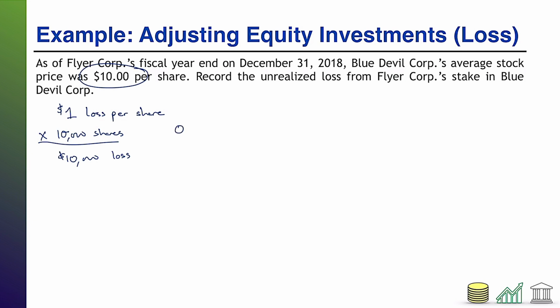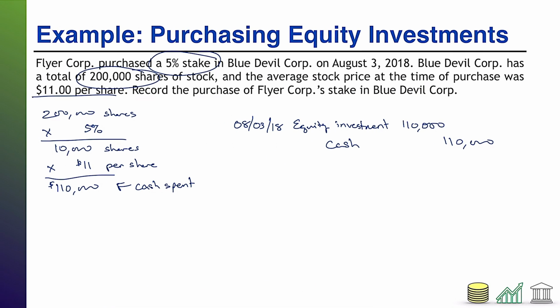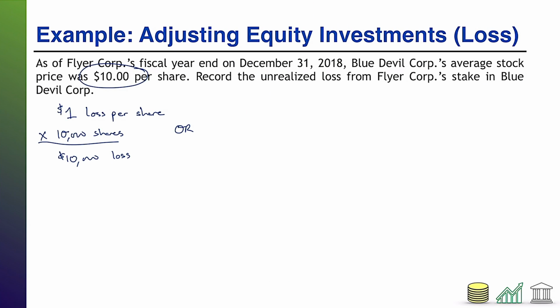That's one way to go about solving this type of problem. The alternate way to think about it, and this just comes down to personal preference, is if we back up real quick, we currently have an equity investment at $110,000. That was based on 10,000 shares at $11 per share. We could simply say, well, we still have 10,000 shares.